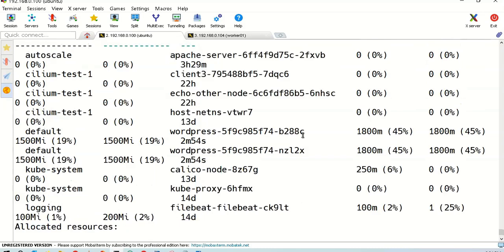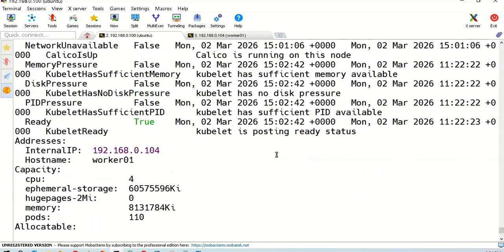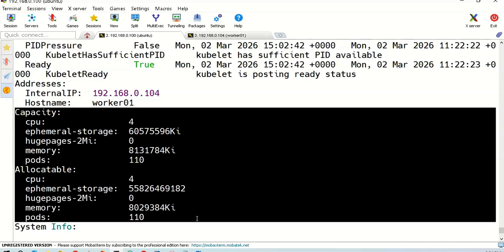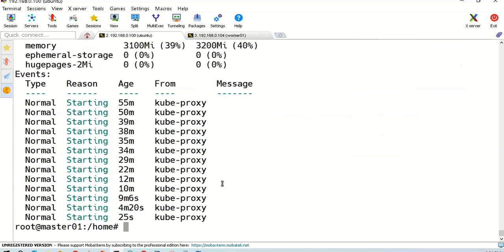If I check the resources, there is still capacity. If I check the total, 8 GB of RAM and 4 cores of CPU are there. And how much is the deployment asking? Let's check.